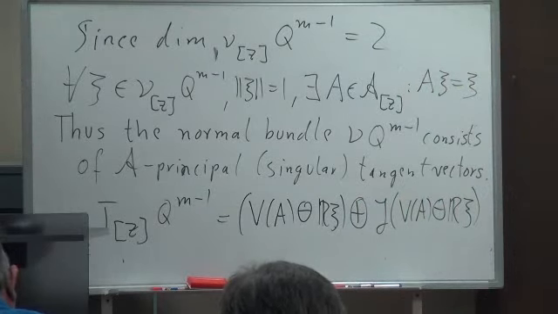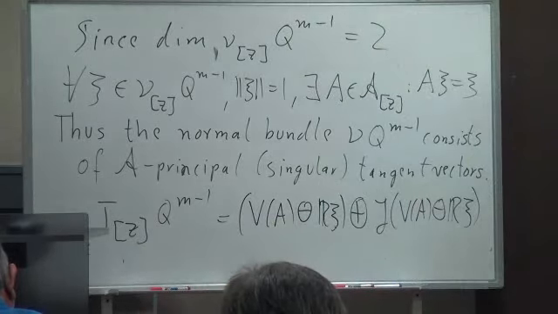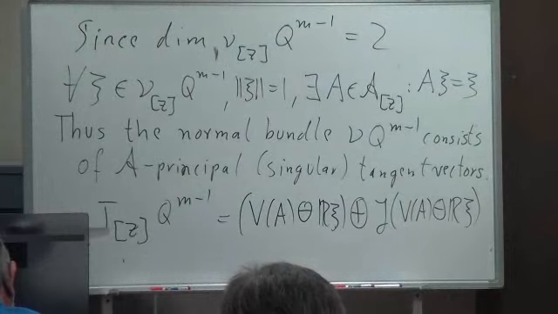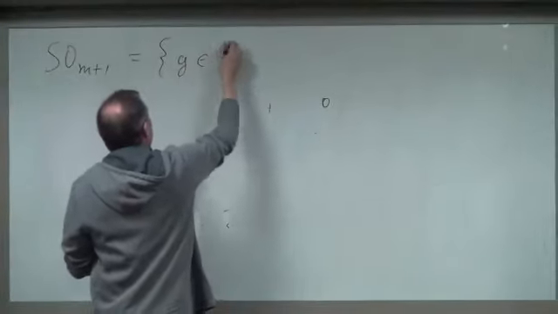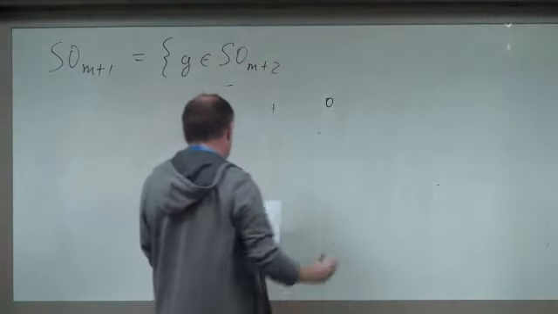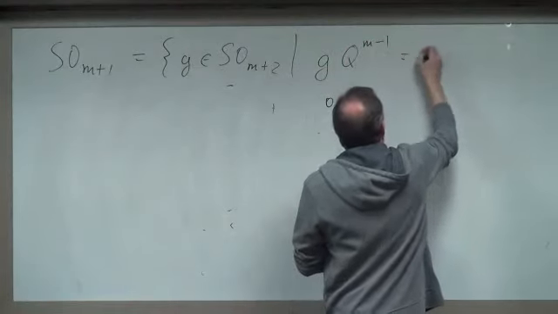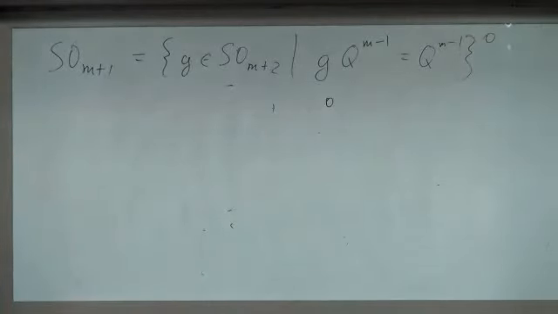Okay. So this tells us a bit about the geometry of the quadric. So now SO(m+1), the group I want to consider that acts on this, is the group of all isometries in SO(m+2) which fix the (m-1)-dimensional quadric. In fact, I want to take the identity component of this because we may have different components.